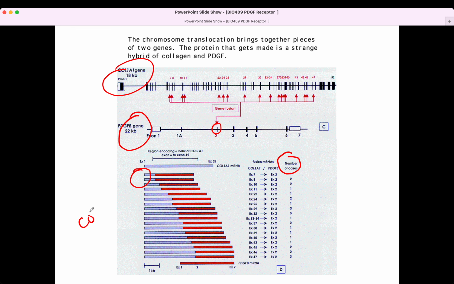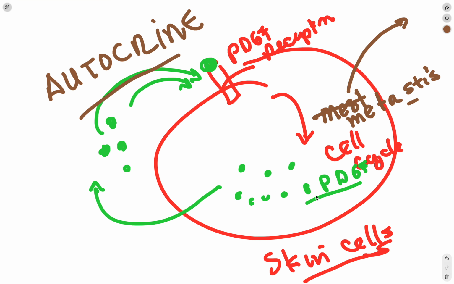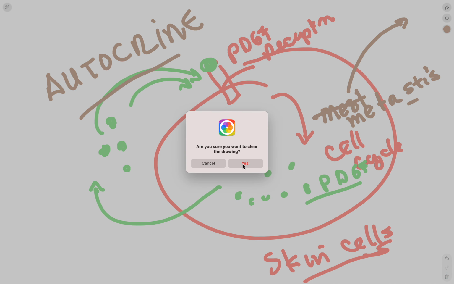So it's partly collagen protein and partly PDGF protein. So in fact, in this specific example, the translocation occurs, I said, cis-regulatory region and transcription unit, and actually the translocation occurs a little bit in the coding region of the two genes. So it's even a more specific translocation than we mentioned before.